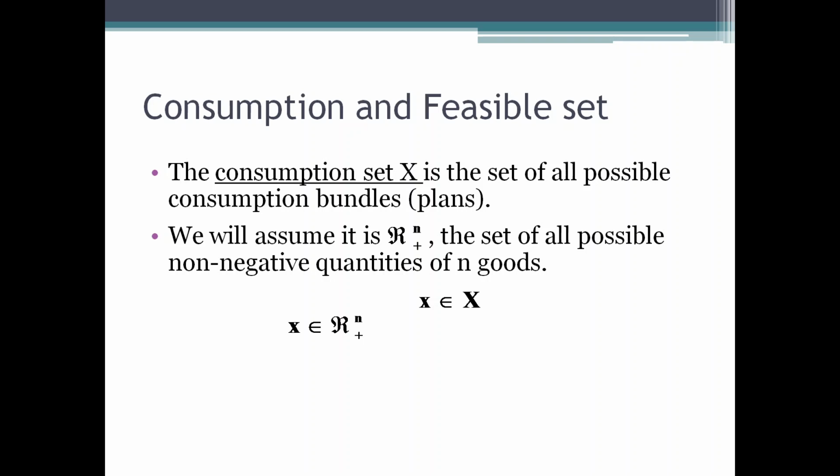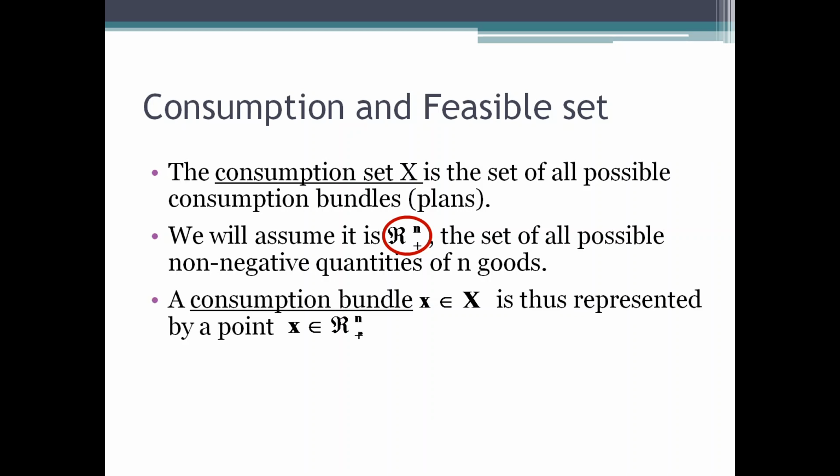R^n denotes that each bundle has n commodities. And why do we have this plus? Because it is the set of all possible non-negative quantities of n commodities: you can have zero quantity consumed of any commodity, but you can never have a negative value for a commodity. So this is why we say R^n_+ space.